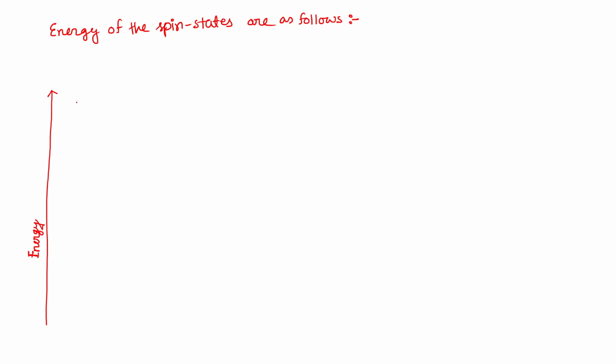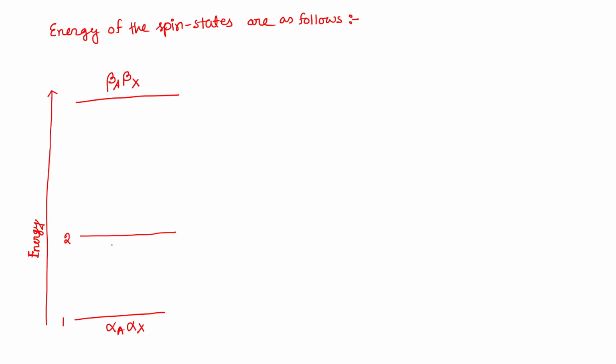Now this is your topmost energy, which is beta A, beta X. Your most stabilized is alpha A, alpha X. Now you got the idea that the second one, this is one, this is two.